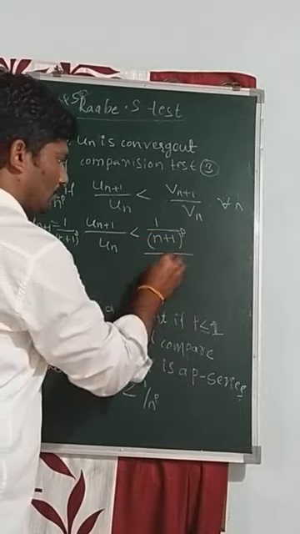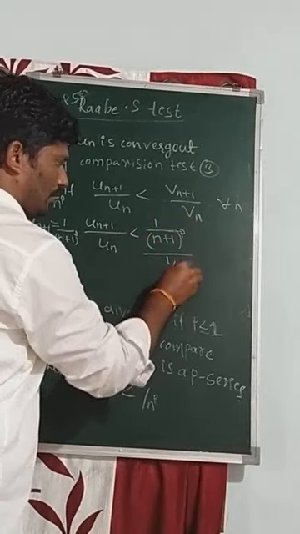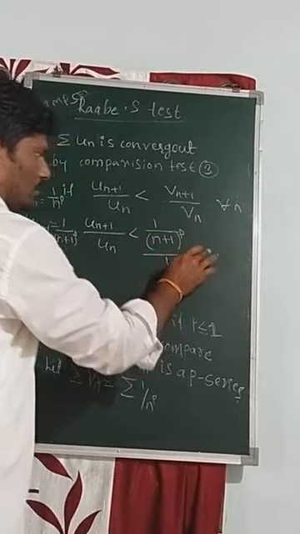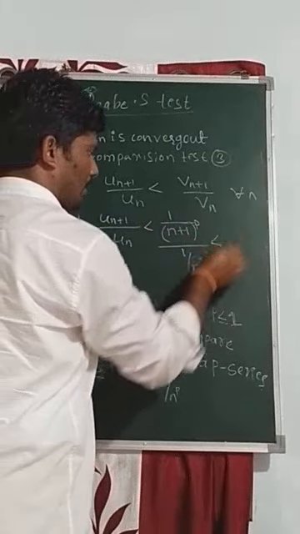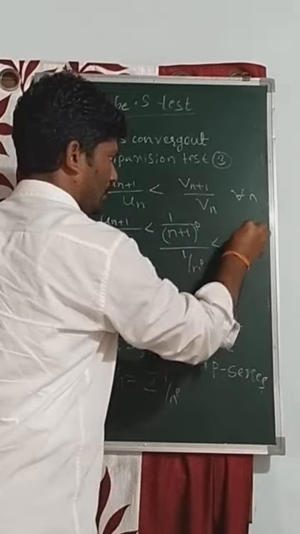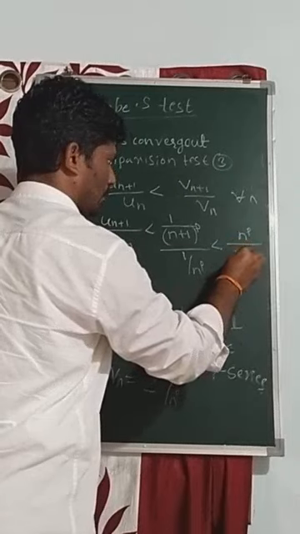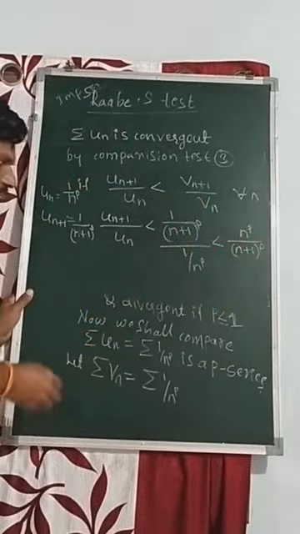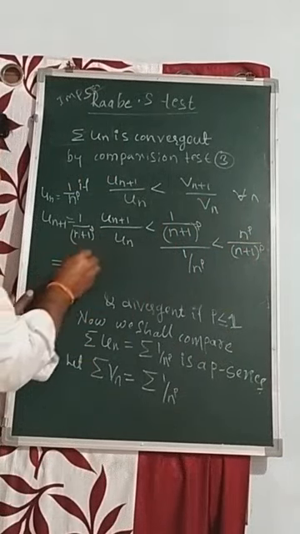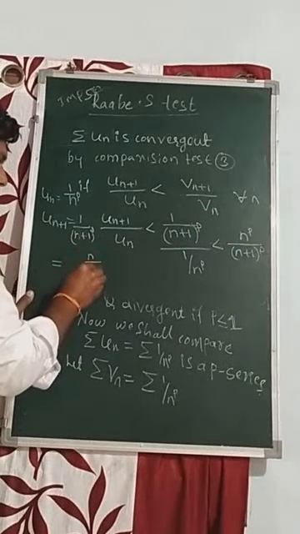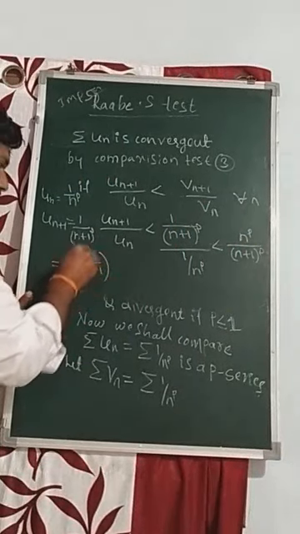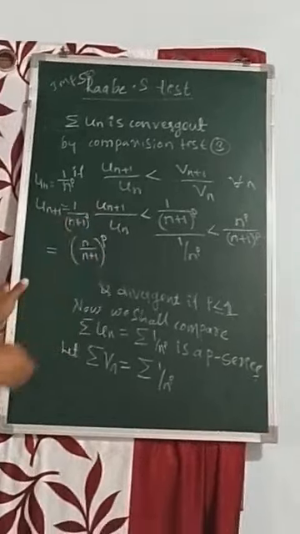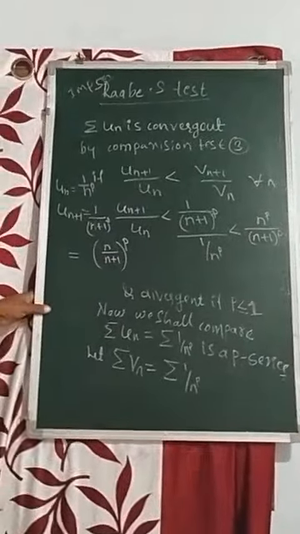So un plus 1 divided by un is less than or equal to n raised to p divided by n plus 1 raised to p, which is equal to n divided by n plus 1, whole raised to p.